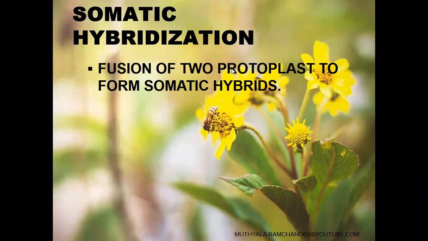See, we know what a protoplast is. Below the cell wall, all parts are called protoplast. In that protoplast, the plasma membrane, cytoplasm, nucleus, and all remaining cell organelles are present. In somatic hybridization or protoplast fusion culture, two protoplasts are fused to form somatic hybrids.